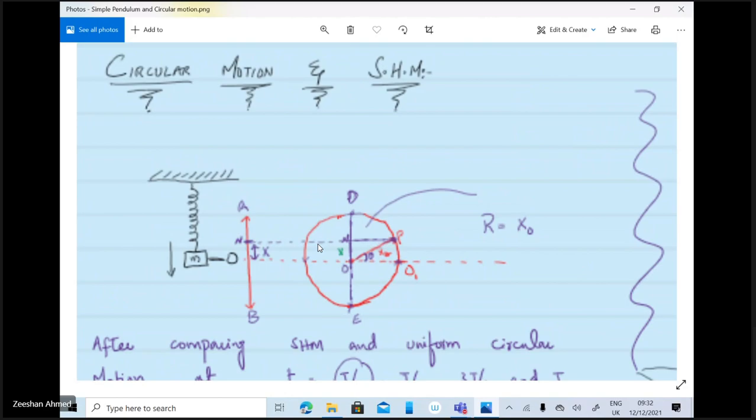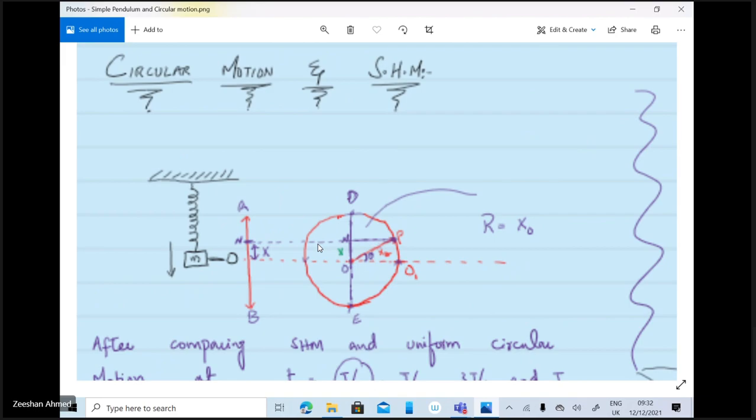We have to consider at the same time the circular motion of an object and the simple harmonic motion of an object. Now, if you look at this diagram, this is a spring attached to a mass. This motion we have studied in simple harmonic motion. And this circle shows that the object is moving in a circular path. So we have to relate these two motions graphically.